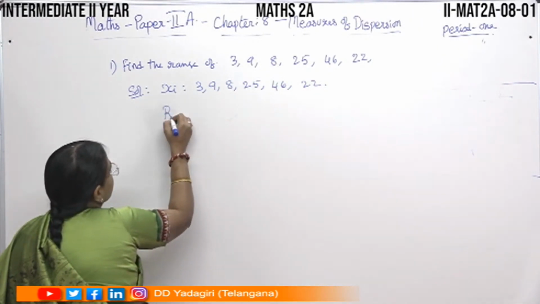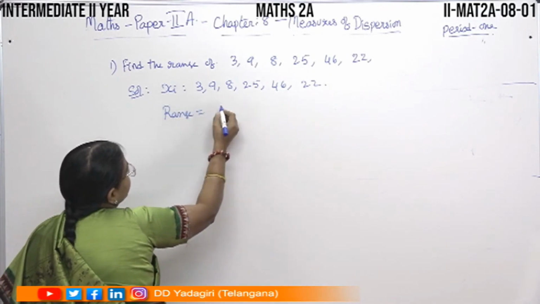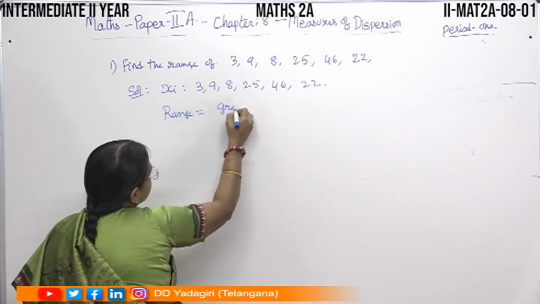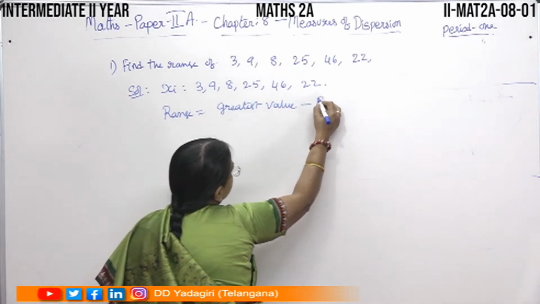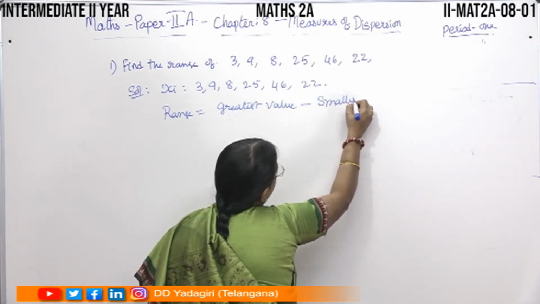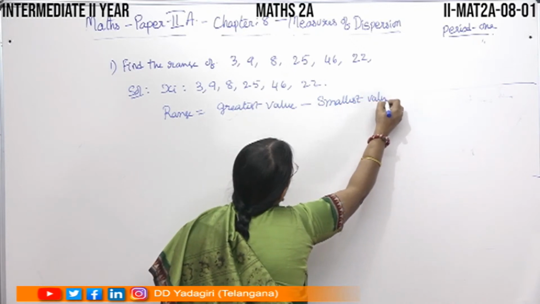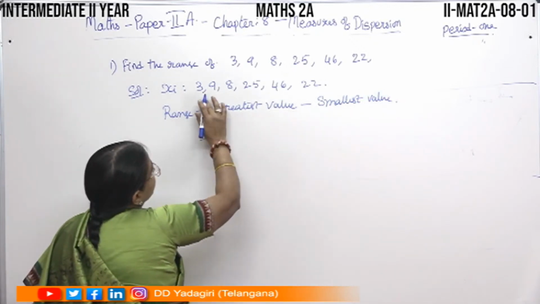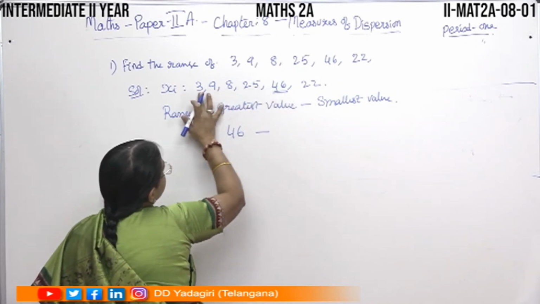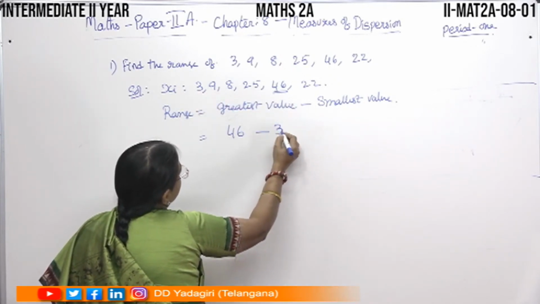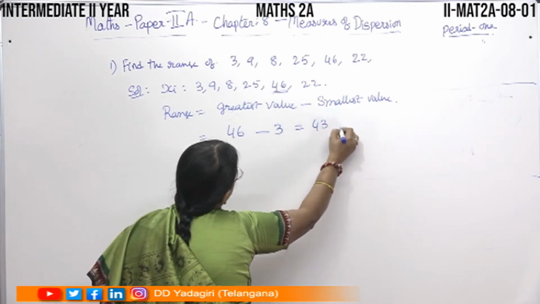Range is equal to greatest value minus smallest value. So what is the greatest value? Greatest is 46. So 46 minus smallest value, which is 3. That's all, 43. This is the range.